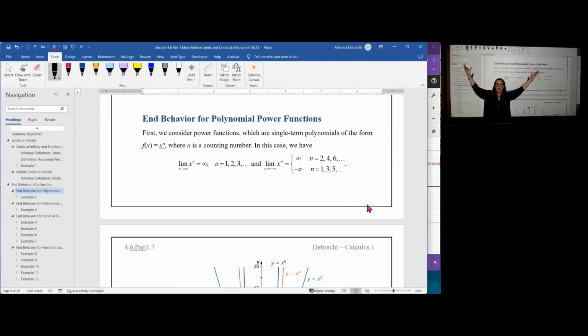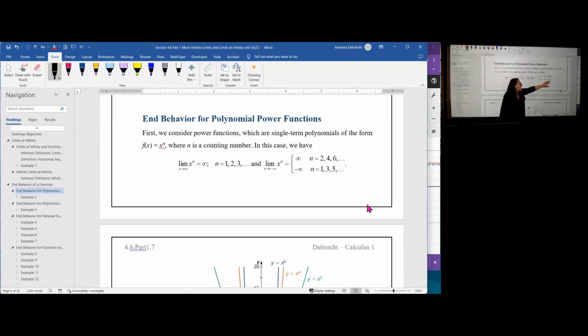You know that the graph of x squared does this, and the graph of x to the fourth gets a little flatter in the middle, but it still goes up. x to the 6th gets flatter still, but it still goes up. When you're looking at those, that means that the behavior of these is going to go to infinity, right?